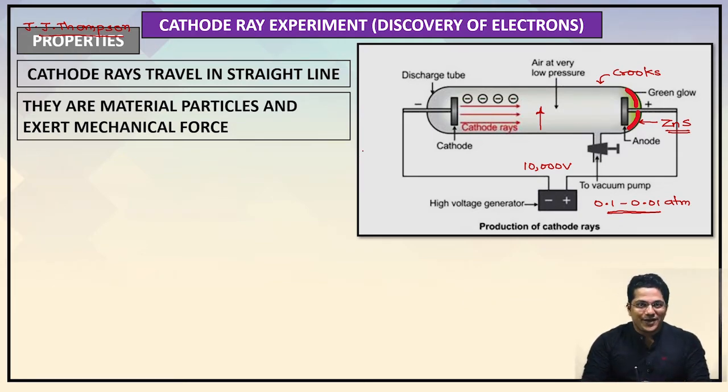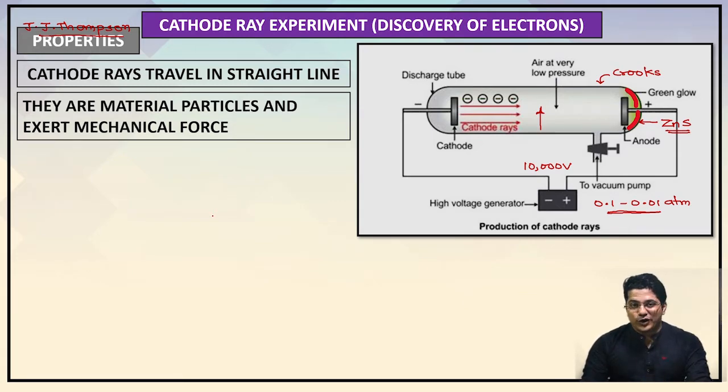That's point number one. Point number two, he observed that this pinwheel started to move after some time. And if your pinwheel is moving, that means some mechanical force has been exerted on it. And what is that mechanical force? It's nothing but your cathode ray particles.